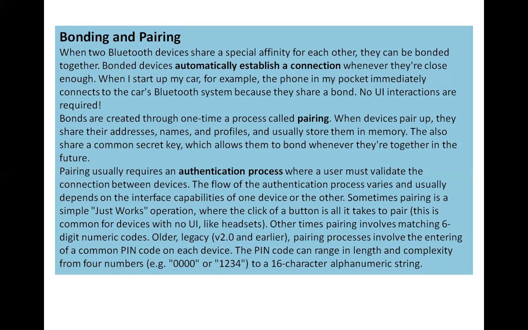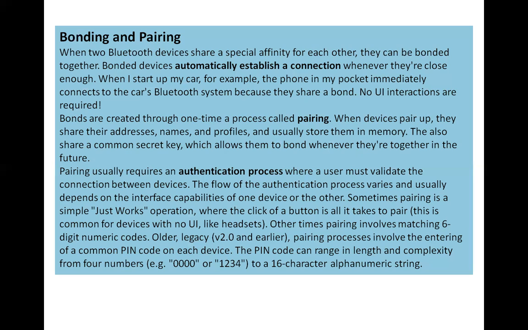Sometimes pairing is a simple Just Works operation where the click of a button is all it takes to pair. This is common for devices with no UI, like a headset.